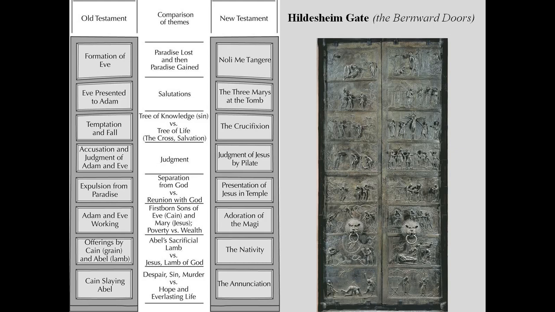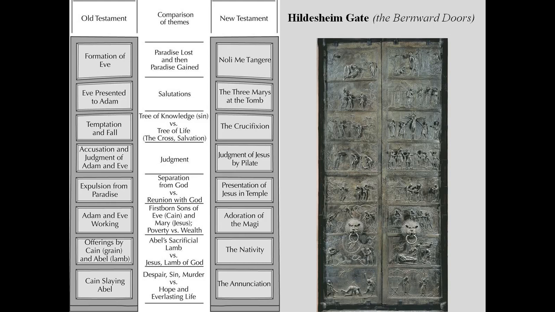Plots of both doors are viewed not only in chronological order, but also in pairs. Thus, each scene of the Old Testament corresponds to a plot from the New one. For example, the fall, the beginning of evil on earth, corresponds to the crucifixion, the atonement of original sin.